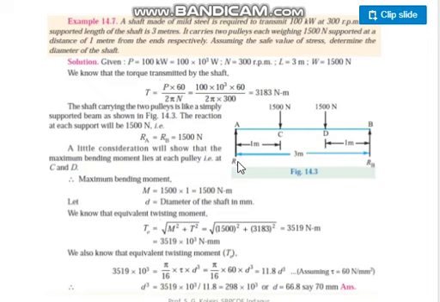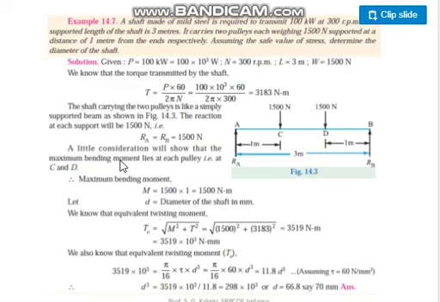So these reactions we have to find out. Totally, downward pulls are 1500 plus 1500, 3000, and upward are RA plus RB. So RA plus RB will be 3000. RA and RB will be the same because everything is symmetric. So 2 RA is 3000, that means RA is 1500. So that's what is written here: RA is equal to RB is equal to 1500 newtons.